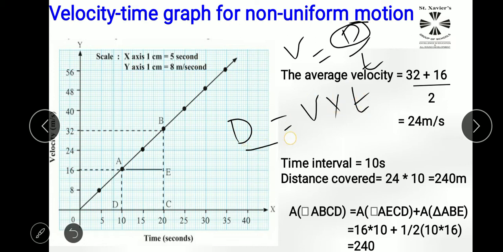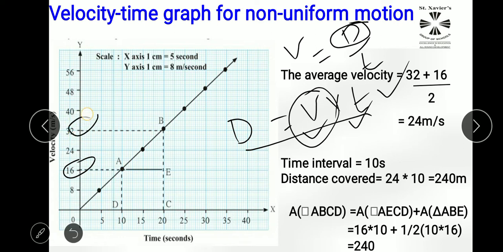So we had to find velocity and time, and then we can multiply and get the distance. To find velocity, we took the average velocity. The initial velocity was 16, final velocity was 32. So we took 16 plus 32 and divided it by 2. We got the average velocity 24.